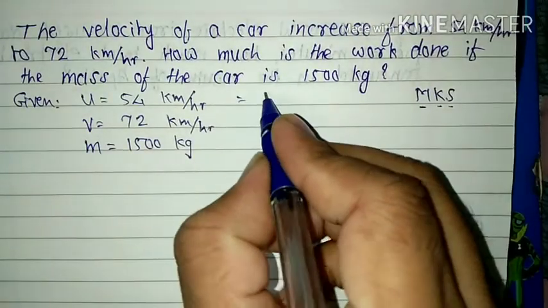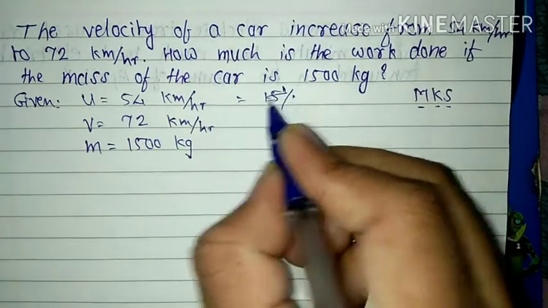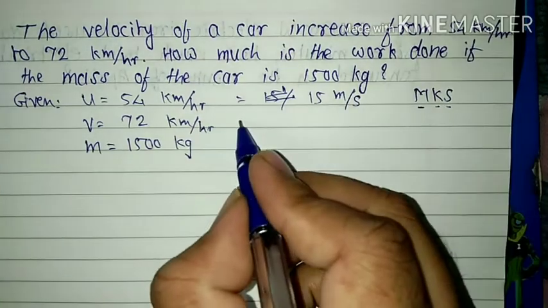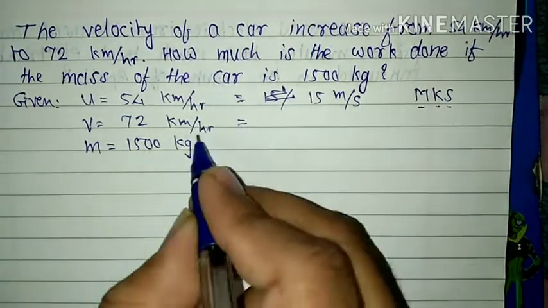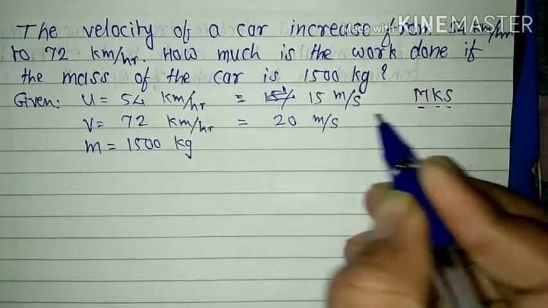So is equal to 15 meter per second, and by the same calculation 72 km per hour can be converted into 20 meter per second.